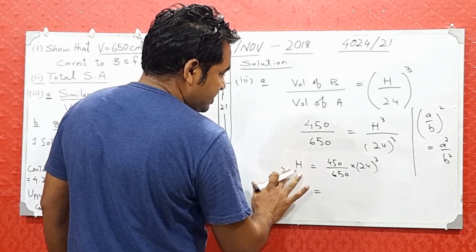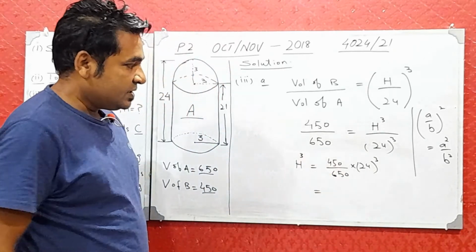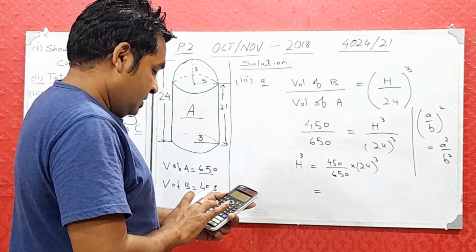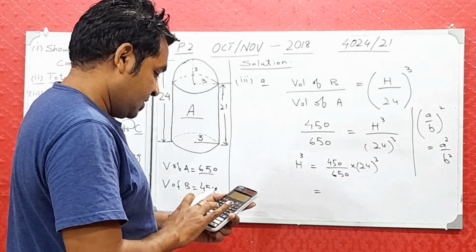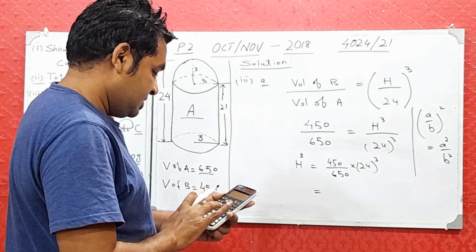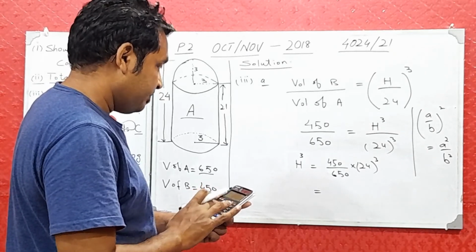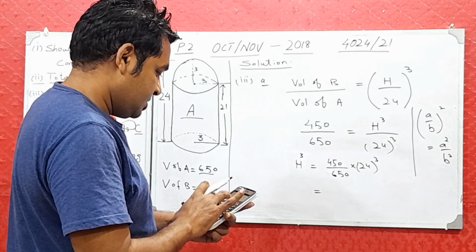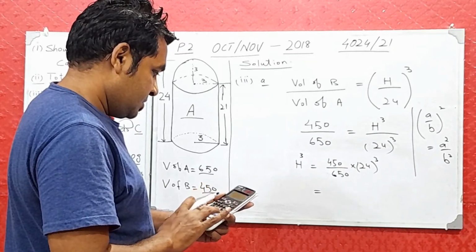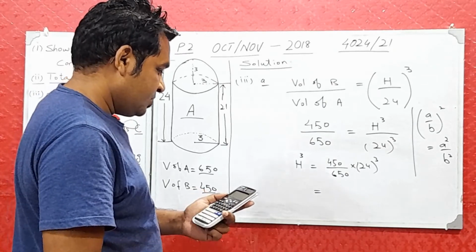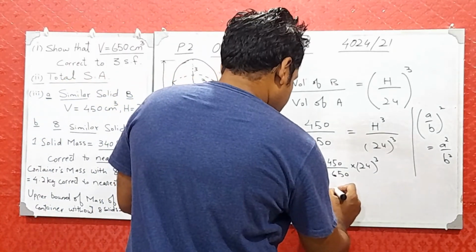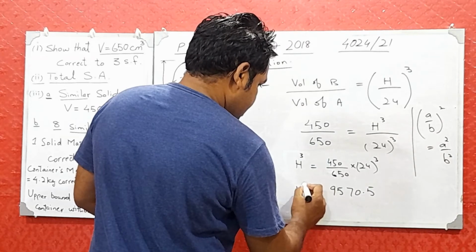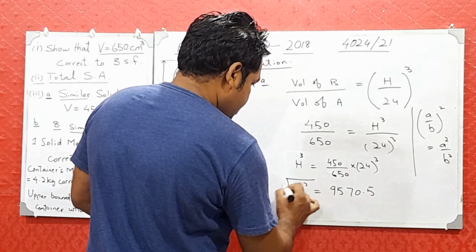I suggest that you first simplify it. 450 over 650 times 24 cubed is equal to 9570.5. So h cubed equals 9570.5, and now take the cube root on both sides.